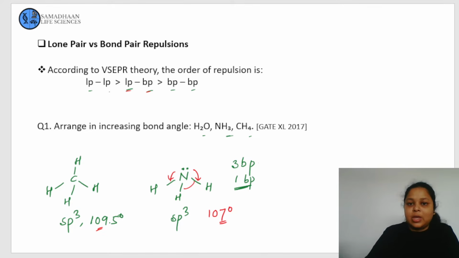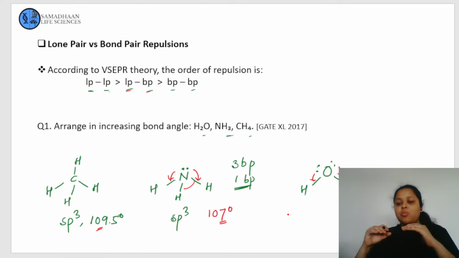this molecule. And let's take the third molecule, which is water. For water with the central atom oxygen, two hydrogens are attached and then two lone pairs are there. So we already saw that the repulsion between two lone pairs is maximum. So this will push the bond pairs more away from the lone pairs and closer to each other.